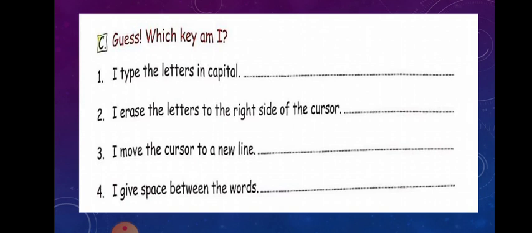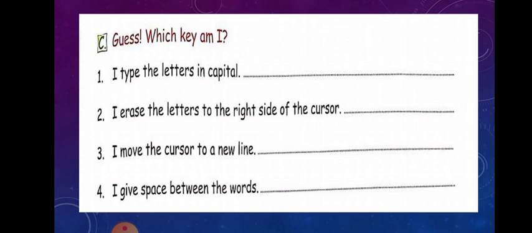Next, question number C. Guess which key I am. I type the letters in capital. Answer is caps lock key. I erase the letters to the right side of the cursor. The answer is delete key. I move the cursor to a new line.